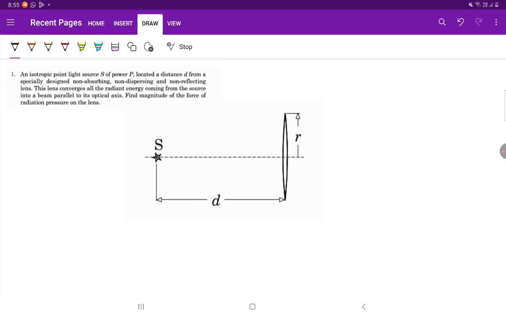To do this you can use one important concept, the solid angle.